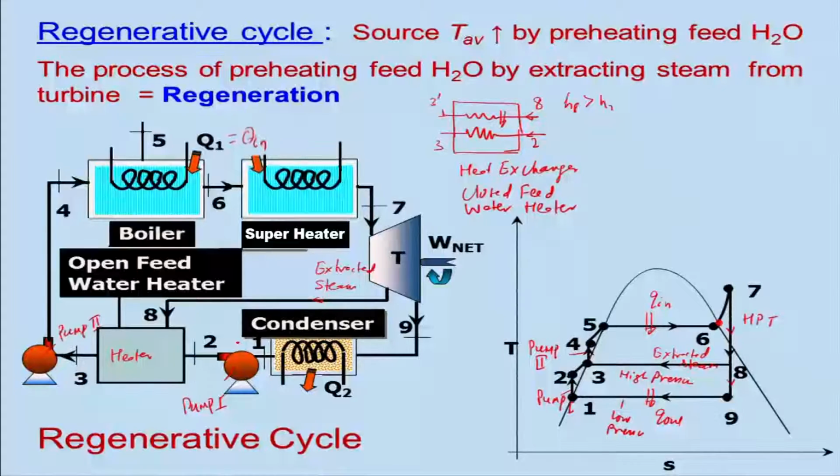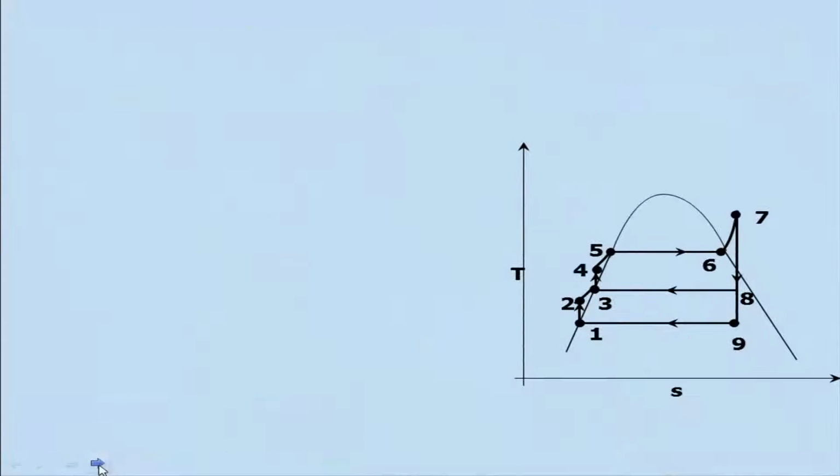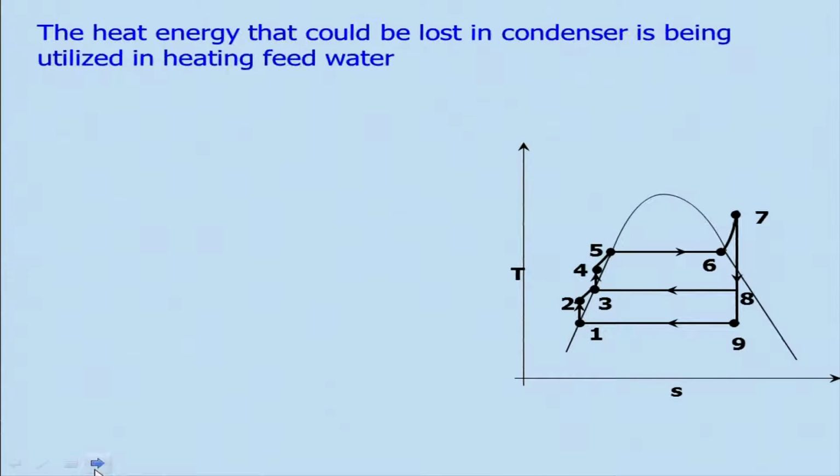So, we will take the open feed water system and analyze it. Let us recall that what is being done here is that heat energy that could be lost in the condenser is being utilized in heating the feed water.